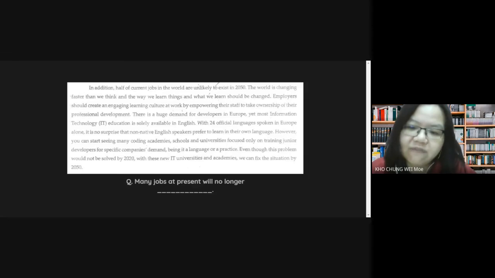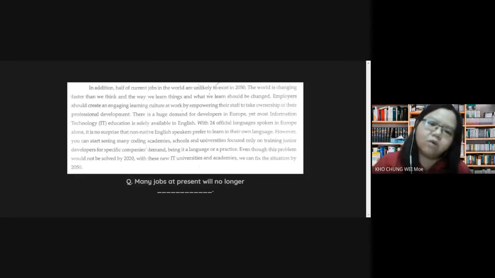With 24 official languages spoken in Europe alone, it is no surprise that non-native English speakers prefer to learn in their own language. However, you can start seeing many coding academies, schools, and universities focus only on training junior developers for specific companies' demand, being it a language or a practice. Even though this problem would not be solved by 2020, with these new IT universities and academies, we can fix the situation by 2050. So many jobs at present will no longer what?